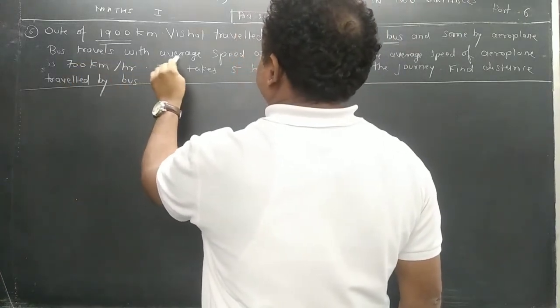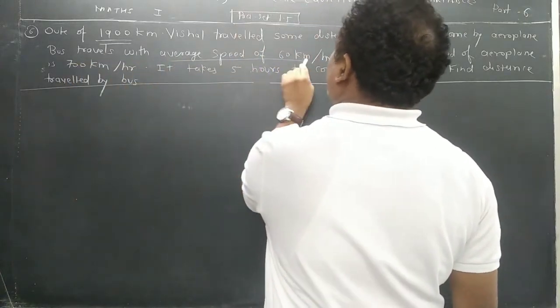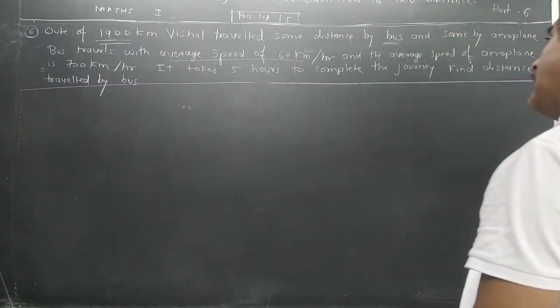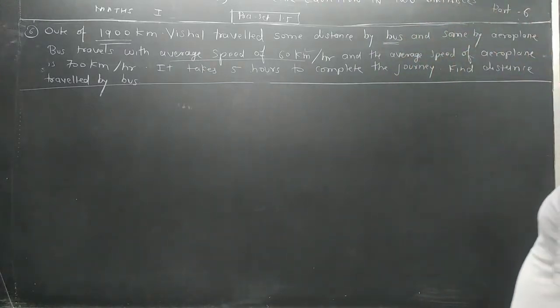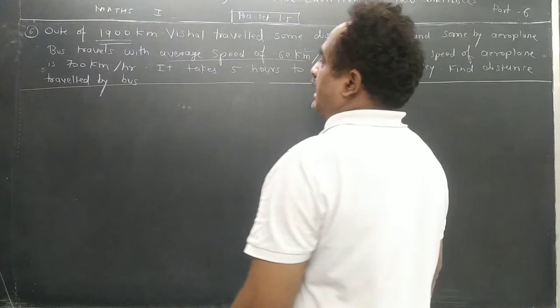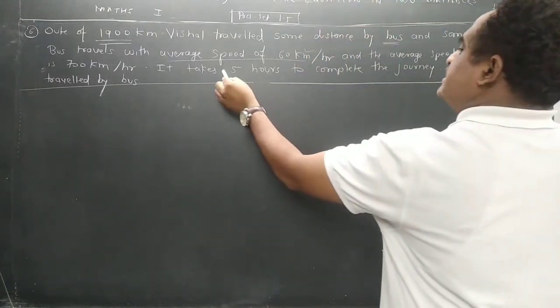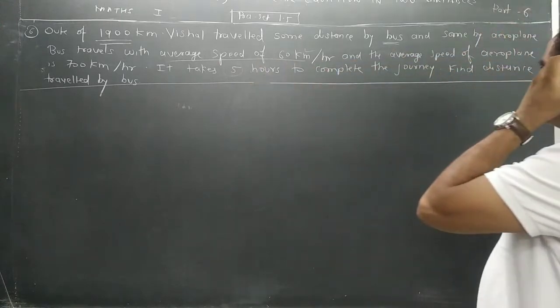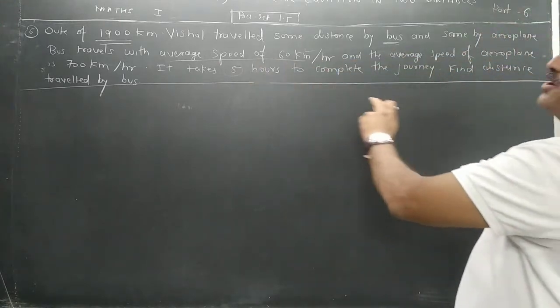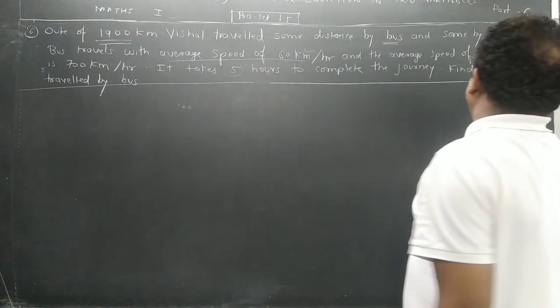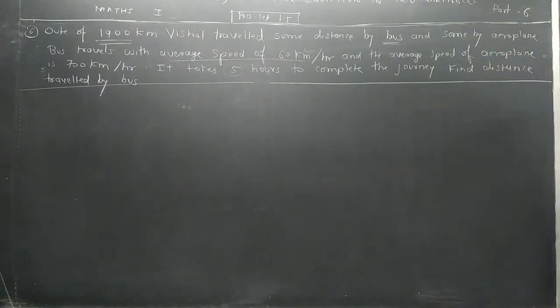The bus travels with a speed of 60 kilometers per hour, and the average speed of the aeroplane is 700 kilometers per hour. It takes 5 hours to complete the journey, means he reached in 5 hours, to complete the journey of 1900 kilometers. Find the distance traveled by bus.